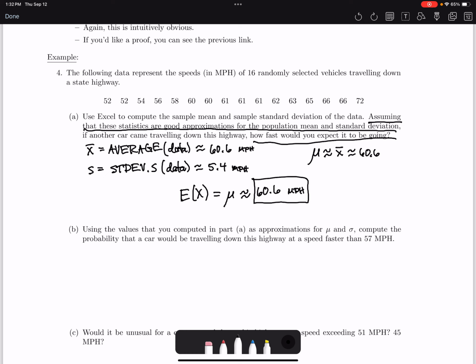Part B says, using the values that you computed in Part A as approximations for mu and sigma, compute the probability that a car would be traveling down this highway at a speed faster than 57 miles per hour. So we want the probability that the speed of the car X is faster than 57 miles per hour. We're going to use the normal distribution for this.